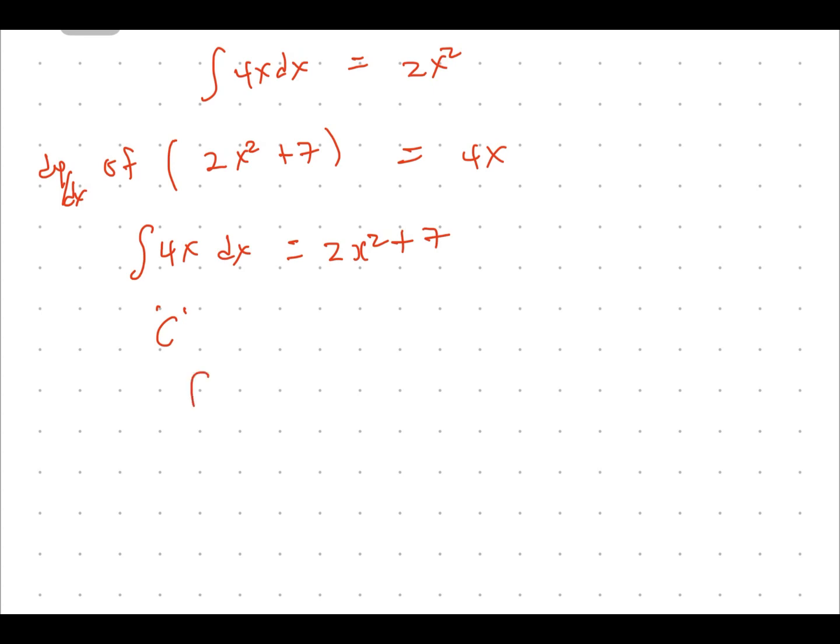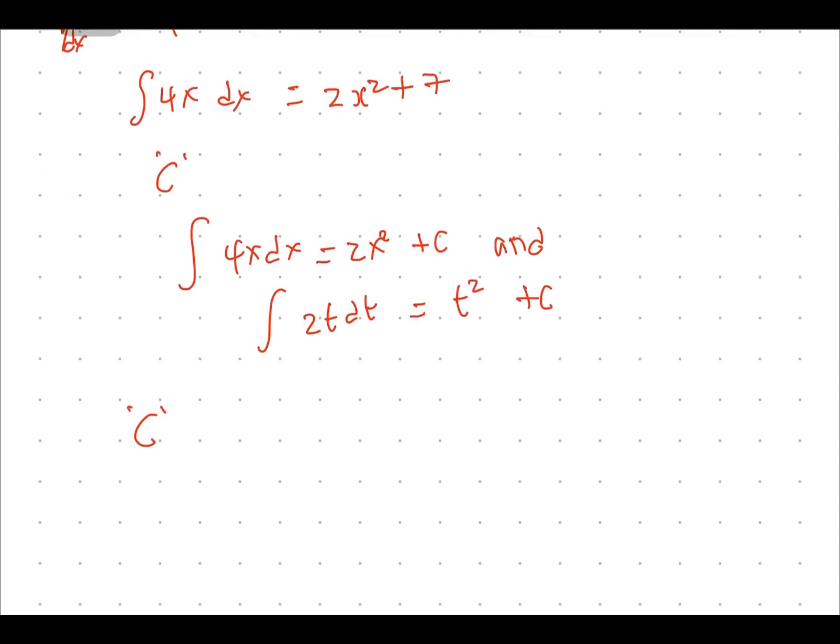Thus, the integral of 4x dx is equal to 2x squared plus c, and the integral of 2t dt is equal to t squared plus c.